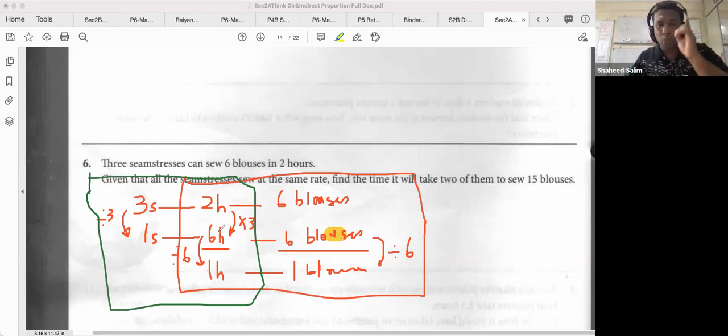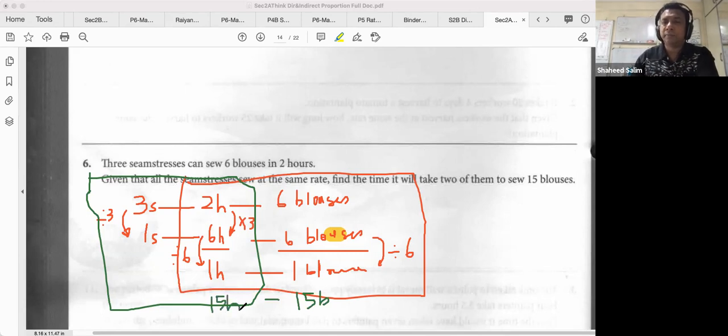But let's say we talk about 1 seamstress. She spent 6 hours, 6 blouses. She spent 2 hours, she will get 2 blouses. 1 hour, 1 blouse. So this is now direct. Now, if you are going to sew 15 blouses, 1 seamstress, she wants 15 blouses, that means she would need 15 hours.